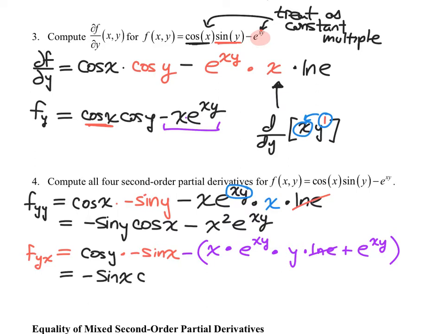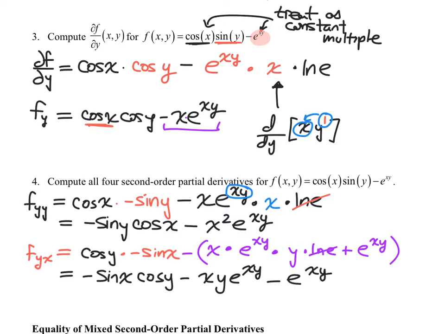Now, we talked about this very briefly last class, but it is a critically important relationship, and that is the idea of mixed second order partials. So I can show you again, but I don't think I need to, I don't think you want me to.